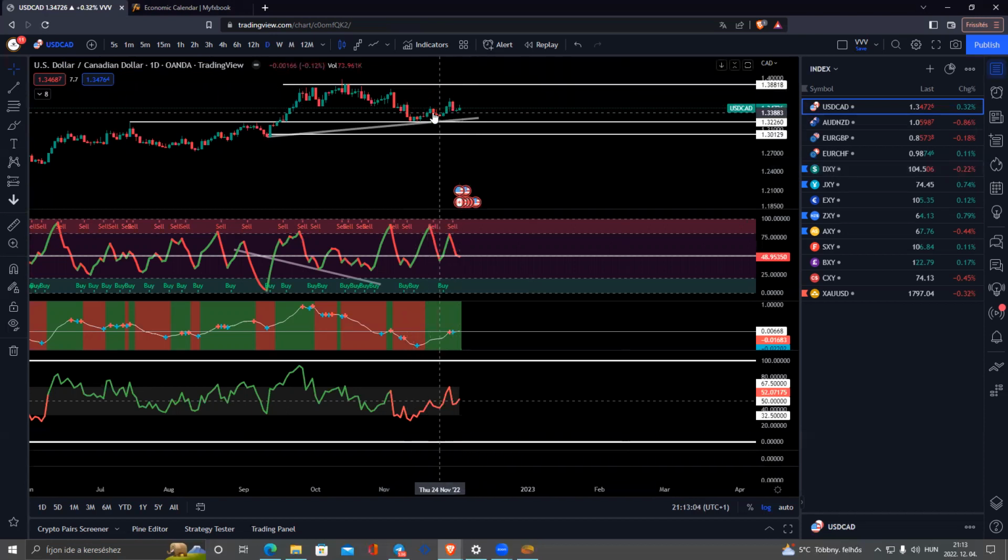Want to see the opening, and then I can tell the rest, because if you see also WV plus crossing the zero line, heading in the bullish momentum.